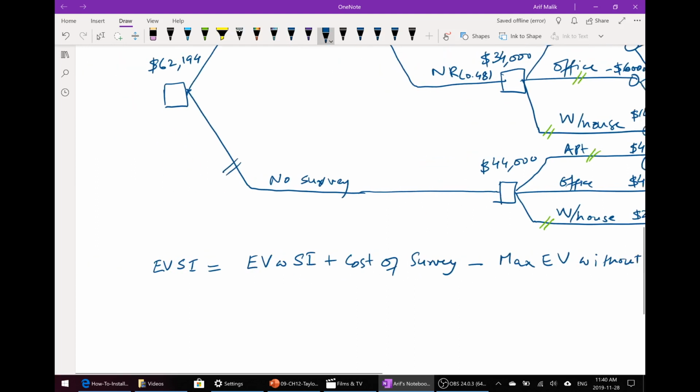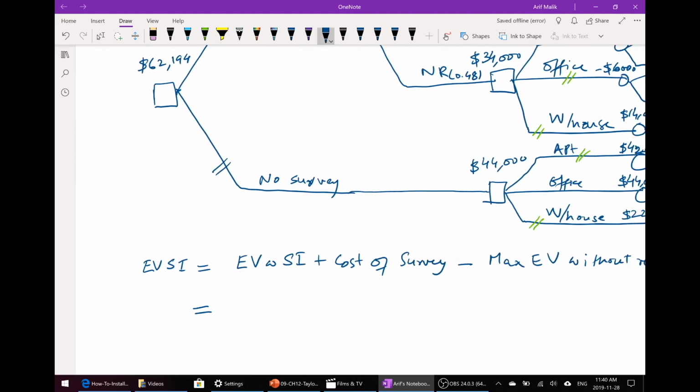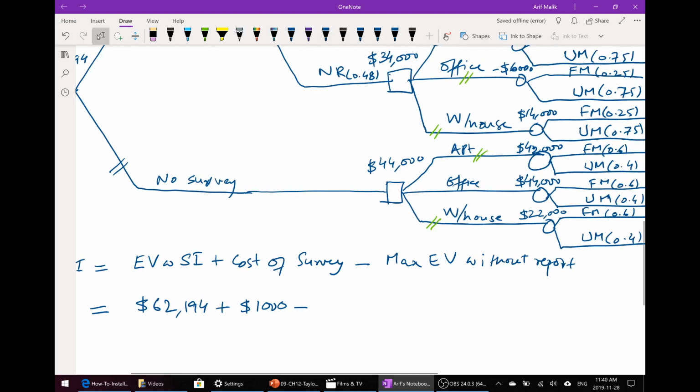Okay, so expected value of survey information is then $62,194 plus the cost of survey, which was $1,000. All right, minus the maximum expected value without report, which was $44,000.